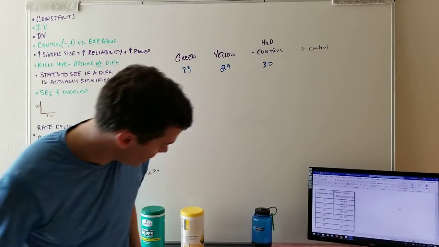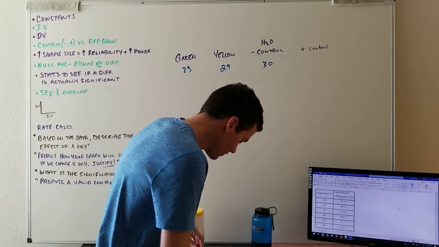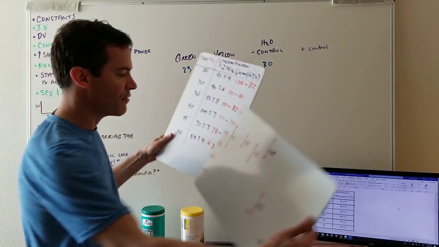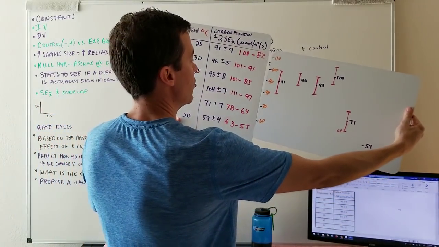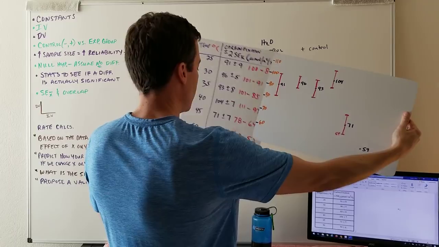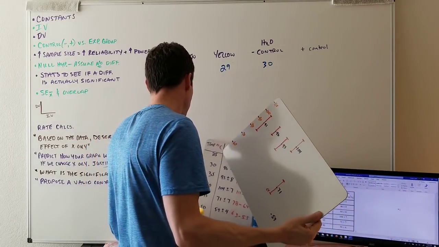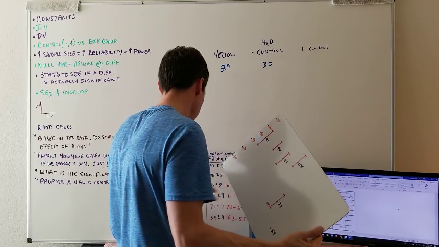Now, basically, if I took these same points right here and drew them on a graph, then you could see that the bars don't overlap. So like, here's how I would draw it. Let me put this up here so you can see the numbers.